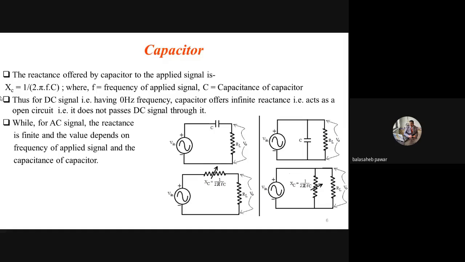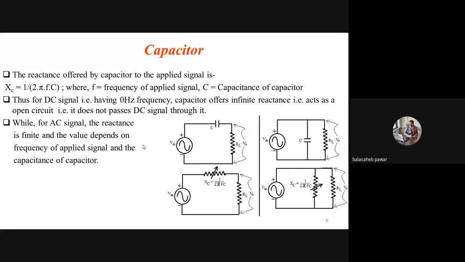or in parallel. The important thing I want to revise or highlight here is the reactance offered by a capacitor. It is 1 upon 2 pi fC, and the second most important point is that the capacitor reactance is dependent on the input signal frequency, right?